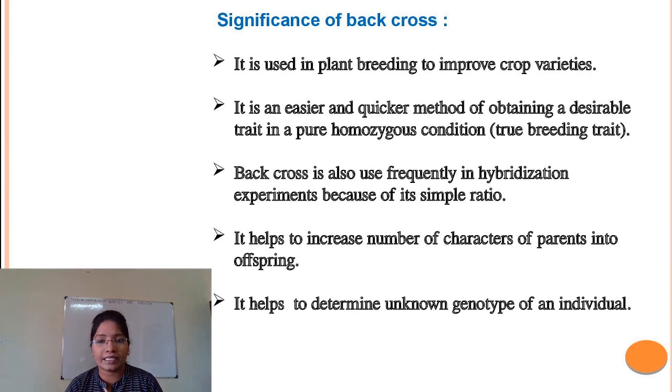Next, it is an easier and quicker method of obtaining a desirable trait in a pure homozygous condition. If we want a particular desirable trait in a pure condition, we can follow the back cross. It is also used frequently in hybridization experiments, and if you want to increase the number of characters of the parents in the offspring, backcross can also be used.